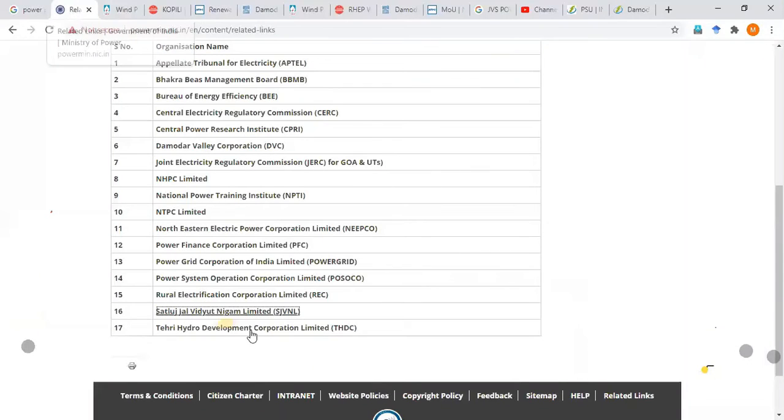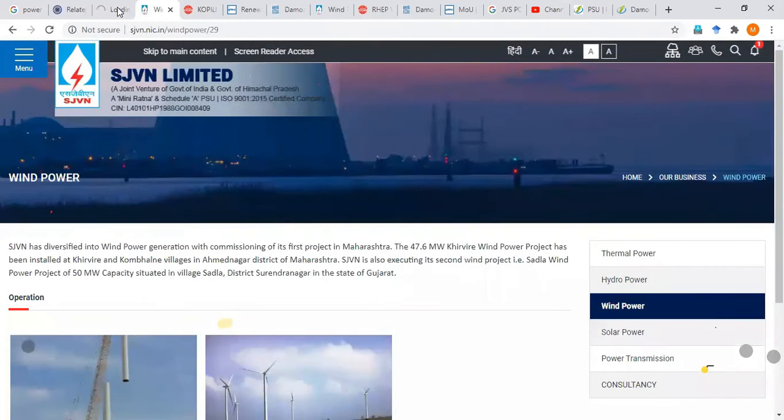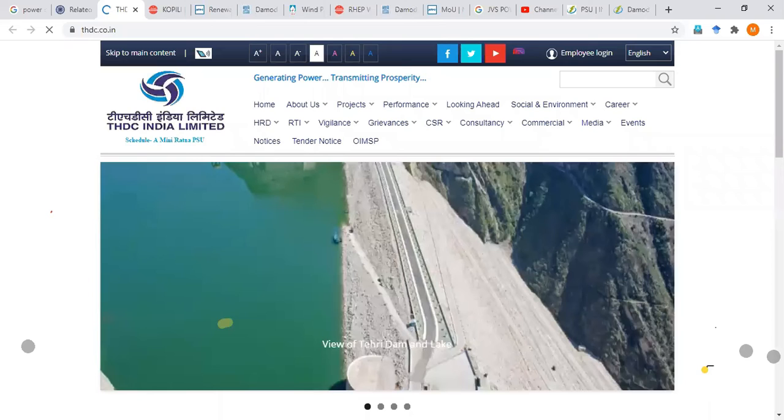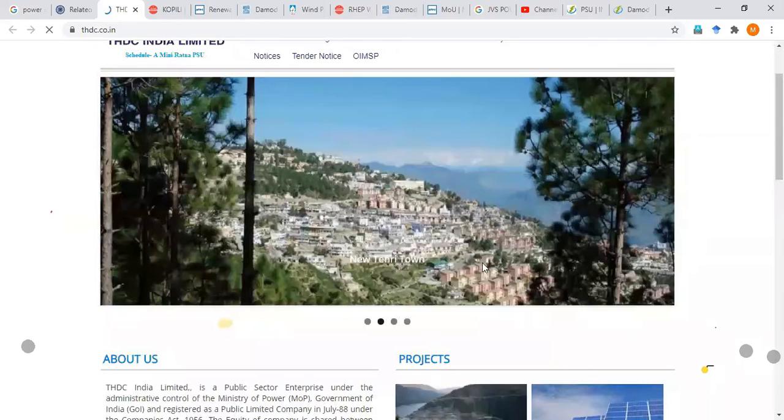Let us see Tehri Hydro Development Corporation. So this is a view of Tehri Dam.